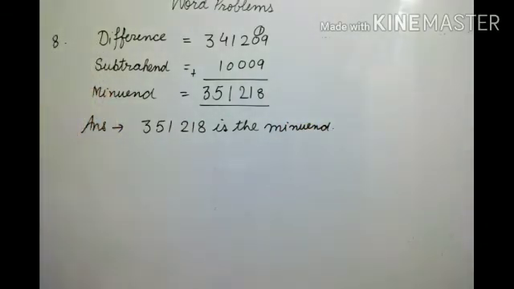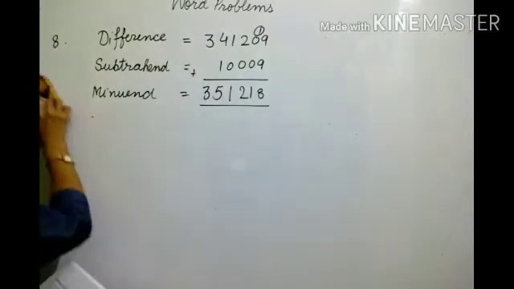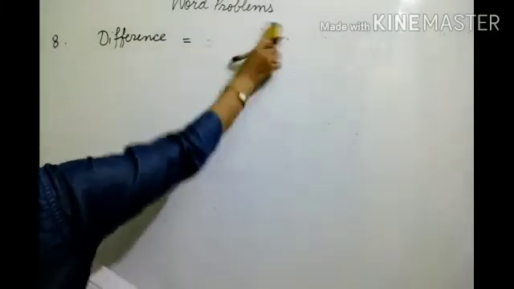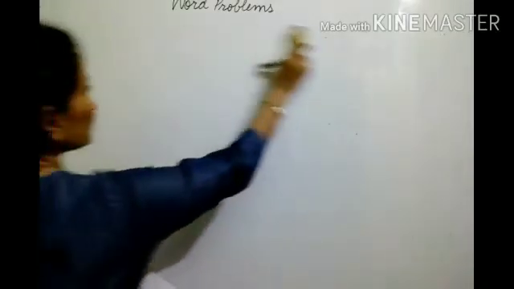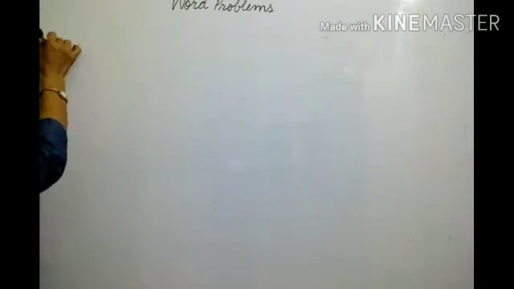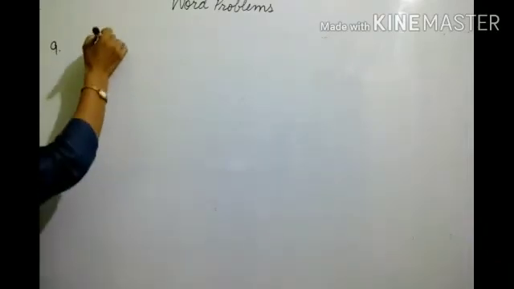Hope you understand this question clearly, because it was very easy and so many questions of this type we have done. Let's take the last question, that is question number 9. Subtract and check your answer with addition.